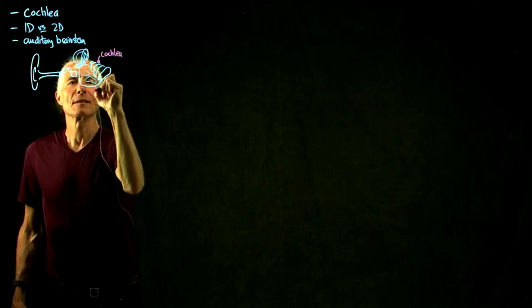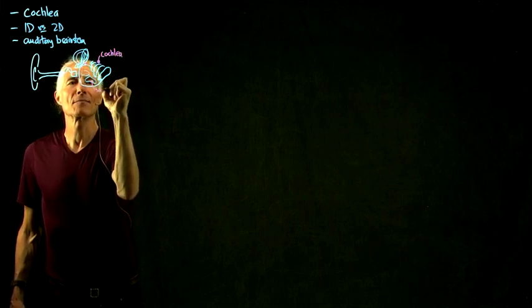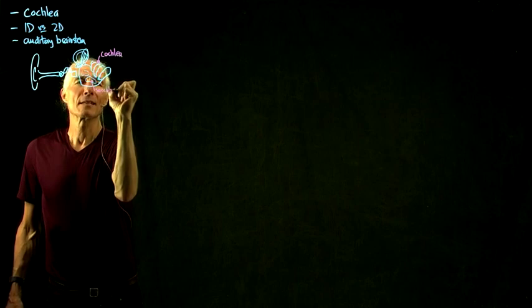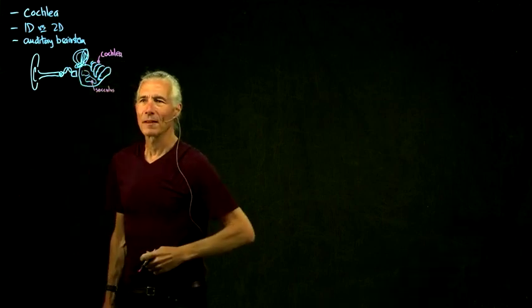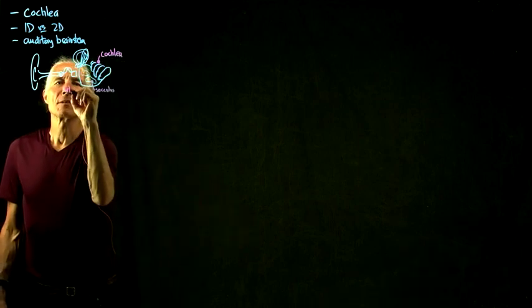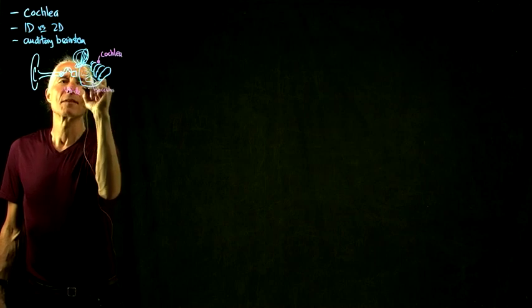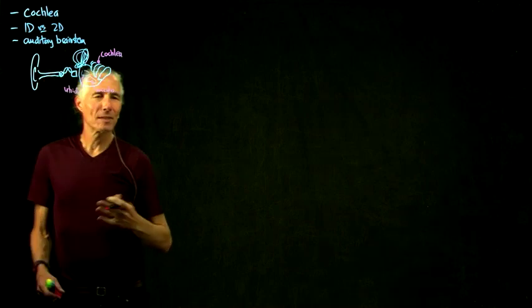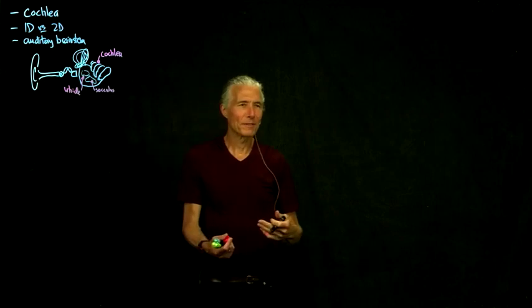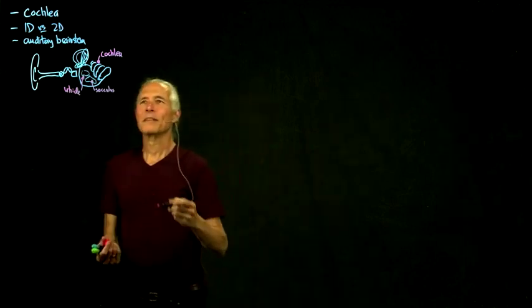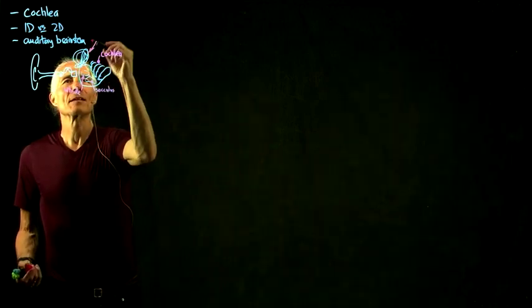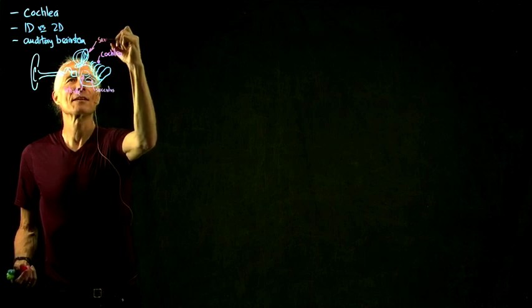That's the cochlea, and then we've got the sacculus. That's one of the ones that detects linear acceleration. And then we've got the utricle. One of them detects two directions and the other detects the third. And then here are the semicircular canals, which should be called the circular canals.